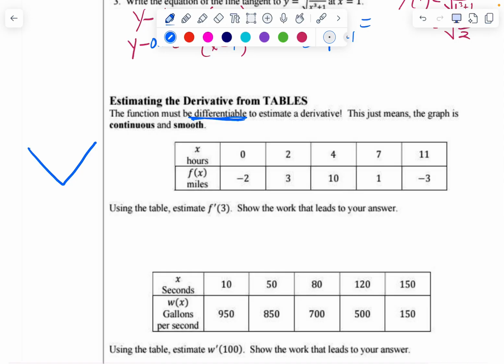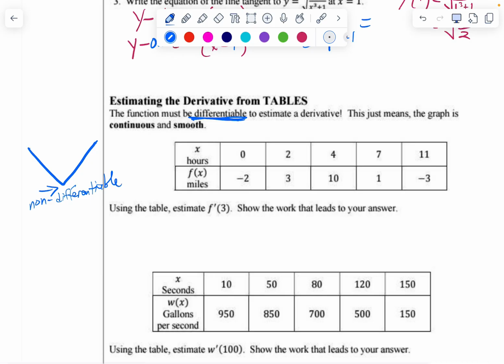Okay? This point right there would be non-differentiable at that corner. So think of a smooth curve, even a straight line, but just not something with either a discontinuity or a corner or cusp. So it's telling us this function is that, even though we don't have all the values.